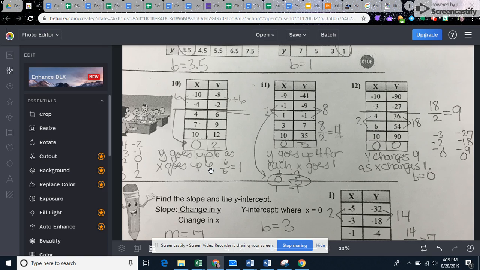Well, if you find the rate that it goes up, change in y over change in x, to find your slope, 6 divided by 6 is 1. So basically what that is saying is every time this goes up by 1, x will go up by 1 as well.